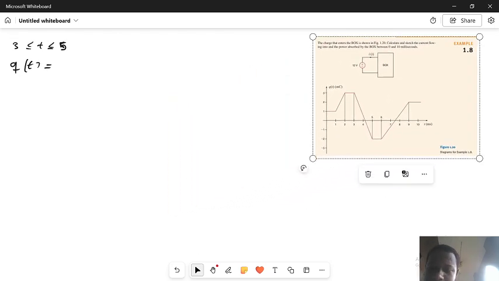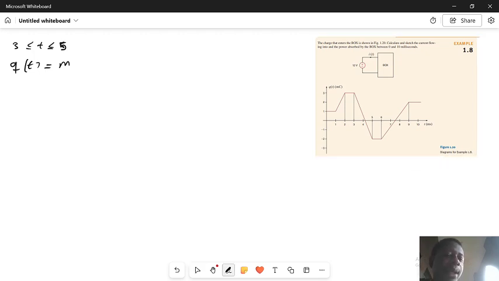I have to see from 3 to 5. We already said that we don't need to find the charge from 3 to 4, because it is the same straight line as from 4 to 5. I can directly go from 3 to 5. From 3 to 5 it's a straight line.